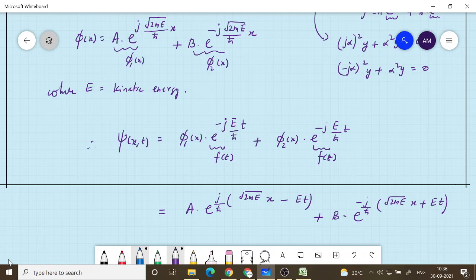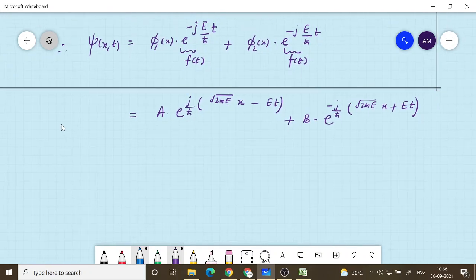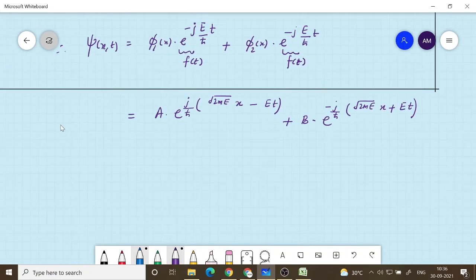So these are the two solutions, and what is the difference between them? Yesterday I discussed with you the solution of the wave equation. If it is a second order equation, you will have two solutions, one like this and the other like this.